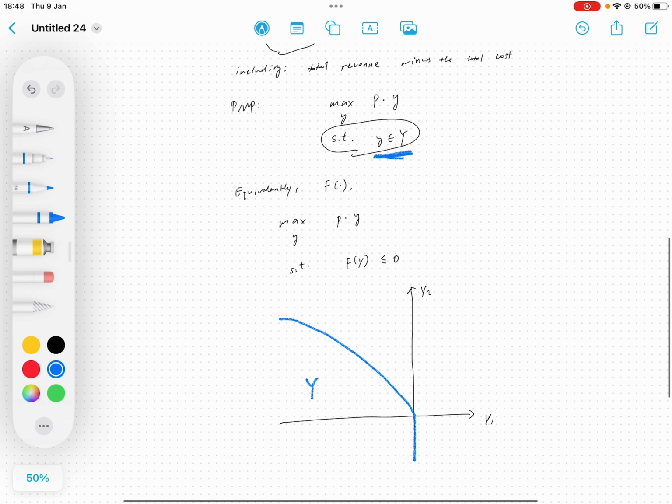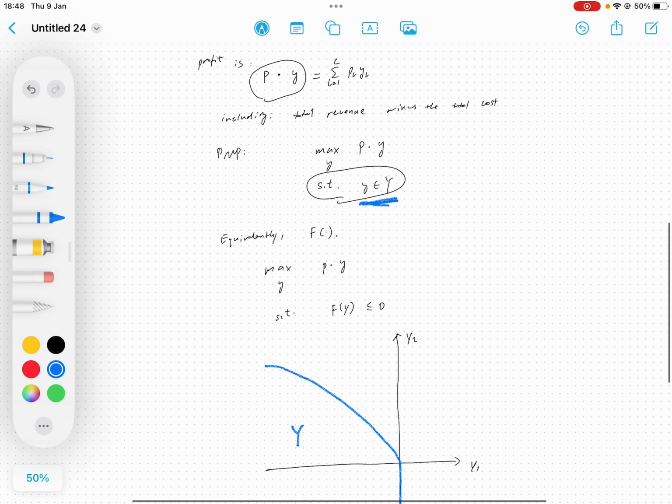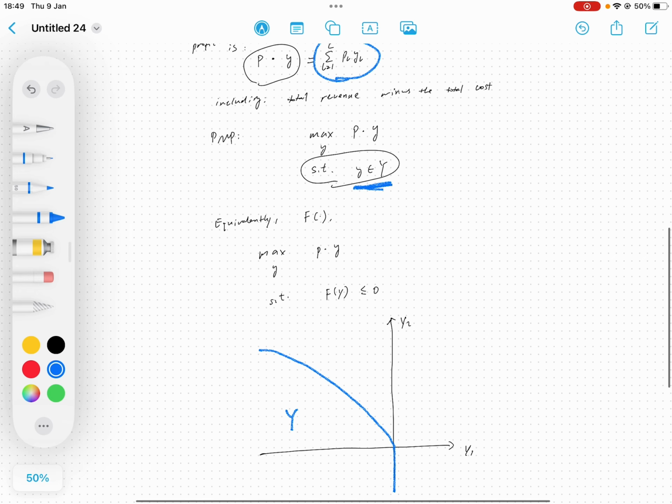Now we have this. So what is this P inner product y, okay? If you can just convert this into this scalar format, then that'll be simply the summation of P times y. So here, that'll be simply, for example, P1 y1 plus P2 y2.